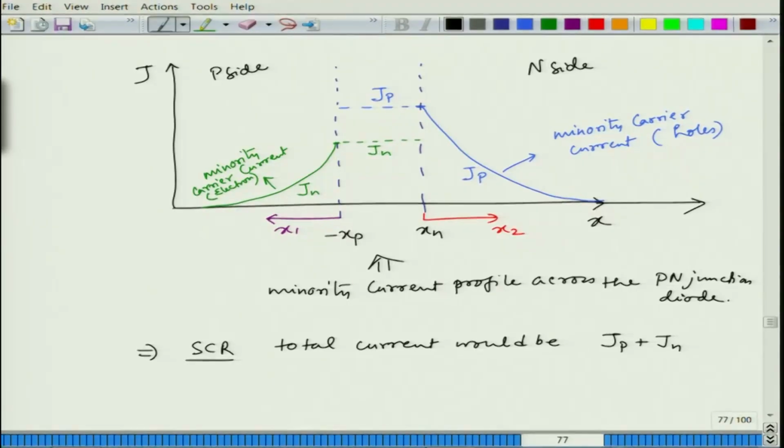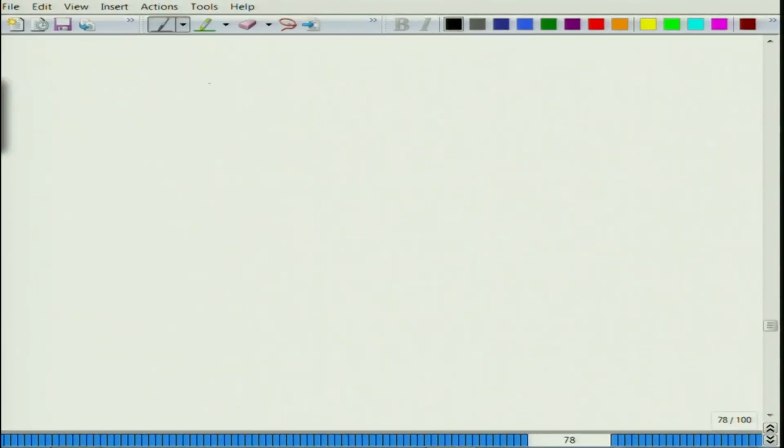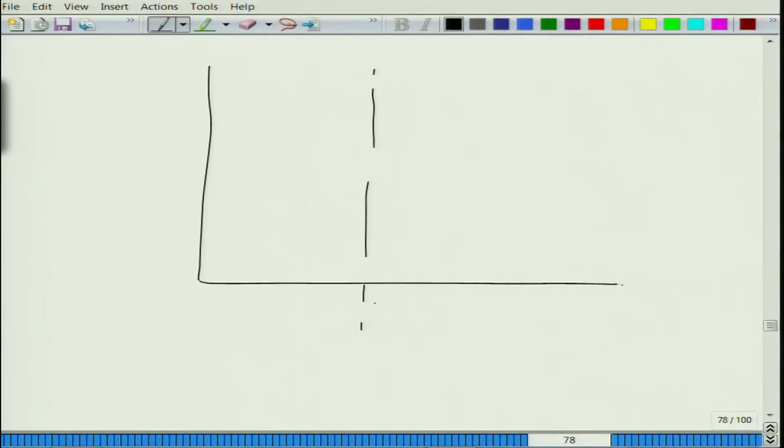More precisely, Jp at x2 equal to 0, that means the Jp in the minority side, and Jn at x1 equal to 0, and again that is also minority current, right.